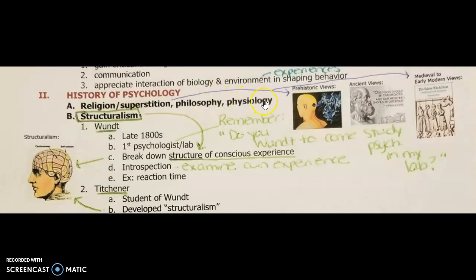And after the Age of Enlightenment, it was more like, hey, how are we going to measure? What's the scientific explanation for whatever's happening? So some examples of religious or superstitious explanations for human behavior was that maybe if somebody was acting abnormal, they might believe that it's because of evil spirits or demons, and they might recommend drilling a hole in a person's skull to let out the evil spirit.